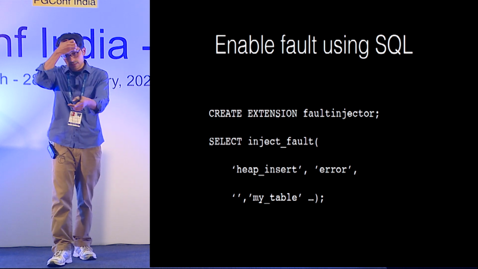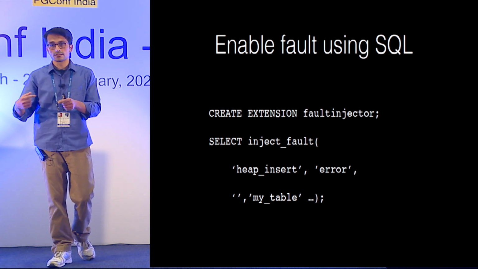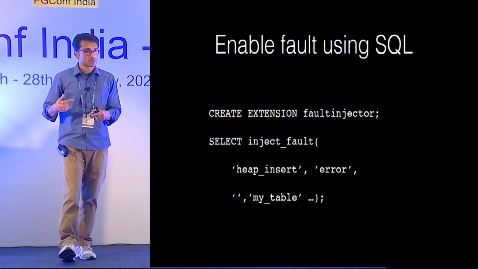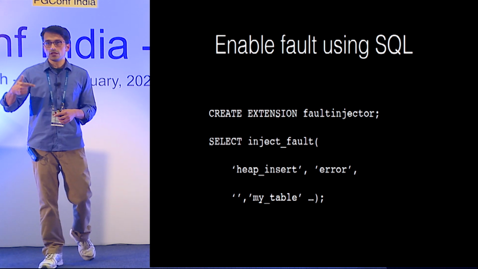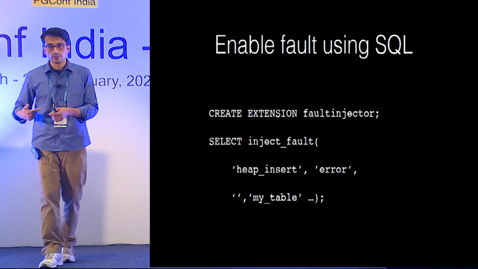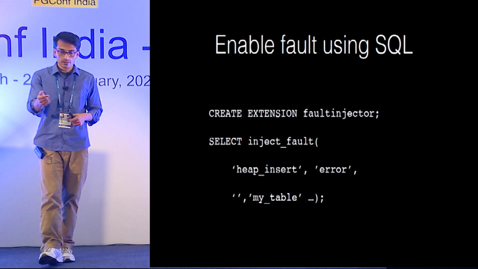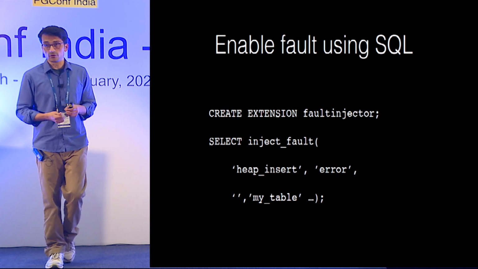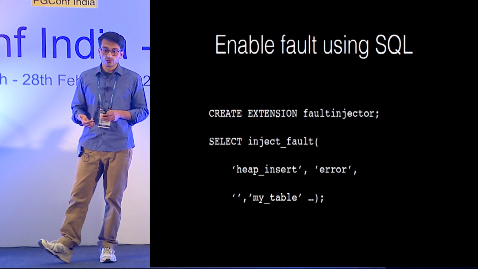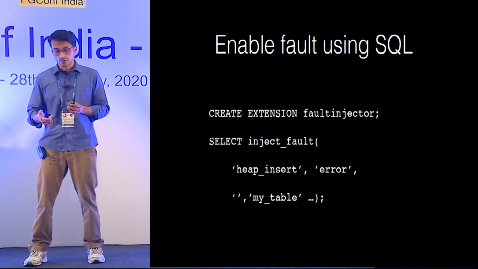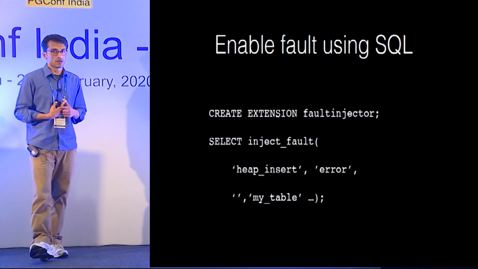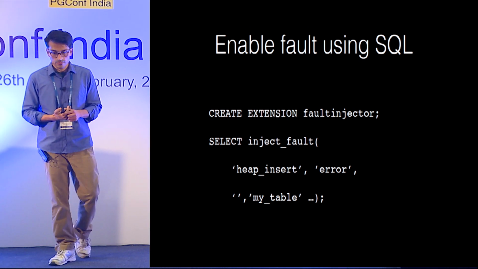So once this select inject fault function is executed, thereafter, if the backend process executes heap insert and the insert is happening on a table which is named my table, then the fault will be triggered, which means the error action will be taken and the transaction will be aborted. This is how it works.